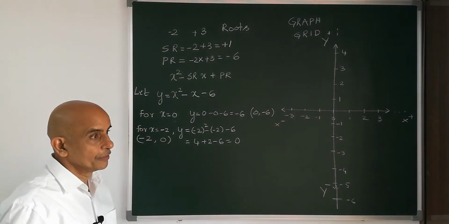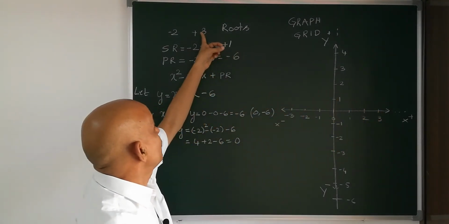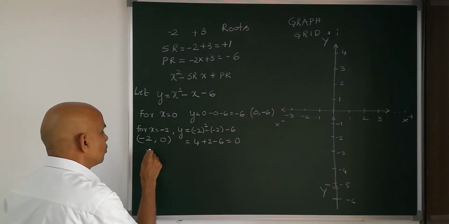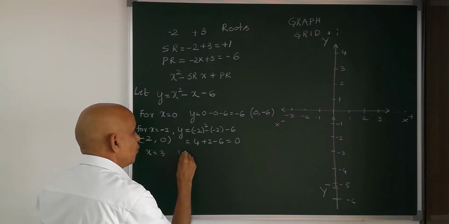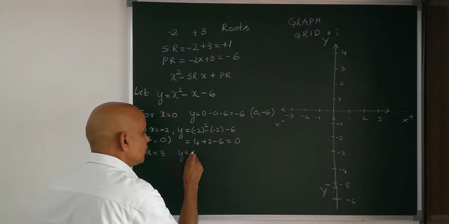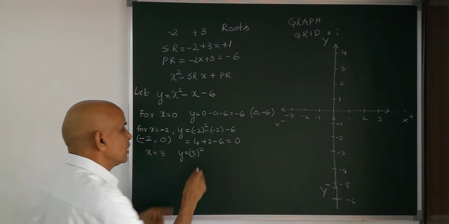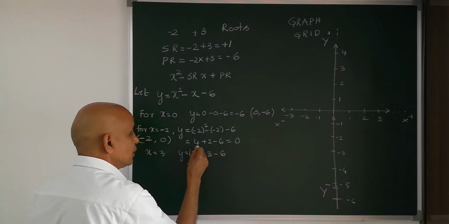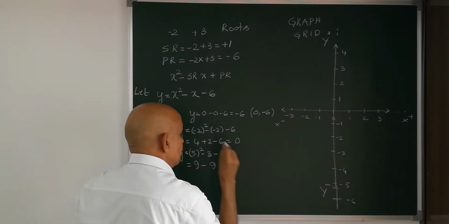This is another point. Now if I put x is equal to 3, another root I have taken as 3, let me see what happens to y. y is equal to, in place of x I am putting 3, so this becomes 3 square minus 3 minus 6, which becomes 9 minus 9, which is equal to 0.